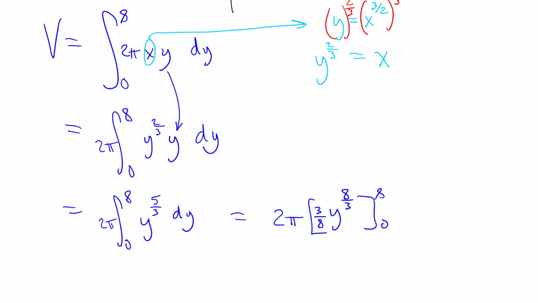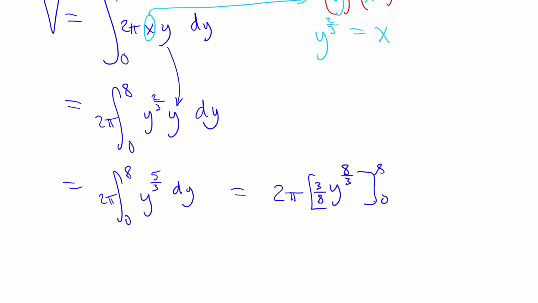Now, this is just, again, some basic algebra, or really arithmetic at this point. You're plugging in 8 for y, and then subtracting, plugging in 0 for y. But the 0, of course, looks really nice because it disappears easily. So we end up with, or should end up with, double check it here, 2 pi times 3/8, that constant, times, I believe it should be 256.